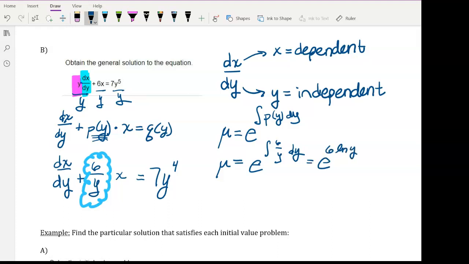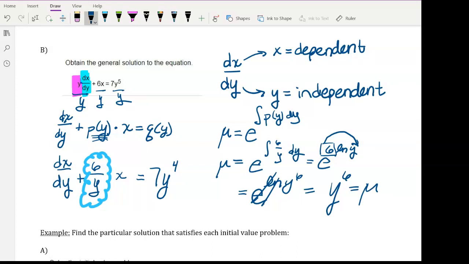And remember, we're not allowed to cancel the e and the ln until we move that coefficient. That 6 is technically in the way of allowing us to cancel, so we have to use one of our properties of logarithms that says coefficients can go back up as exponents. So we've got e to the natural log of y to the sixth, and now they cancel. So our mu is y to the sixth.